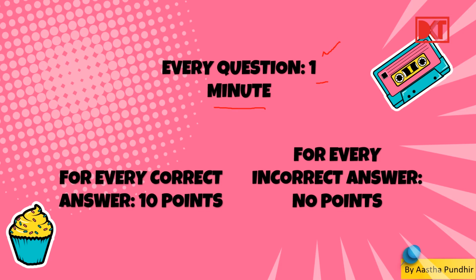Alright, it is very important to answer each and every question because there is no negative marking. For every incorrect answer, no points, because there is no negative marking in IEO, so it is important that you attempt all the questions.